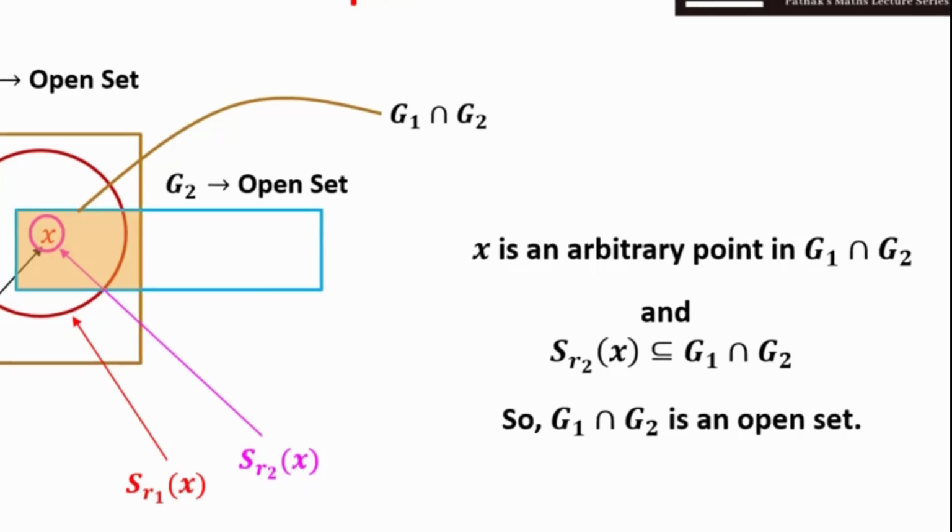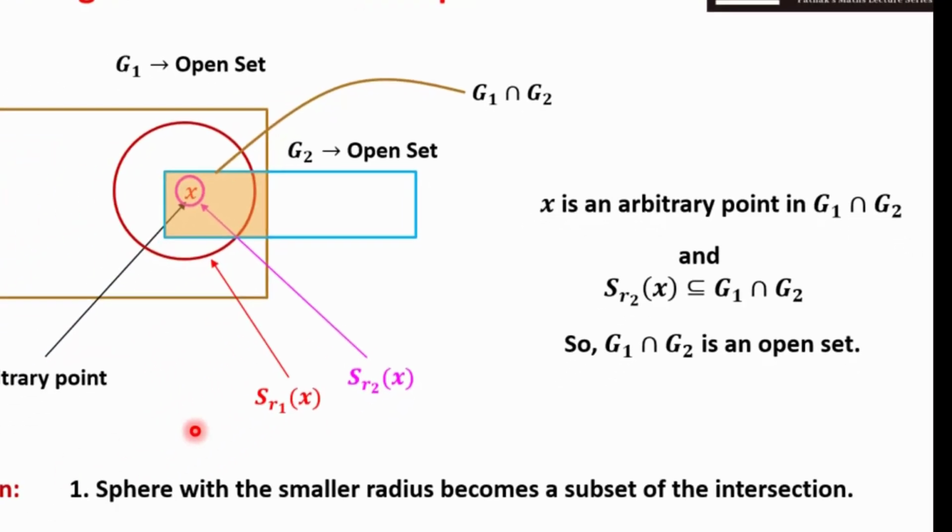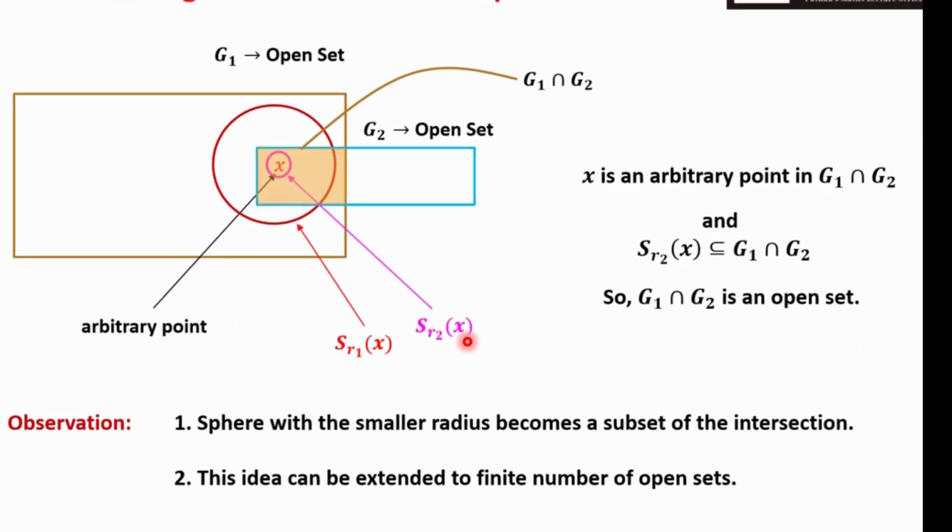The first is, you can see that between SR1X and SR2X, the radius of SR2X is smaller and it becomes a subset of the intersection. So we find that a sphere with the smaller radius becomes a subset of the intersection.